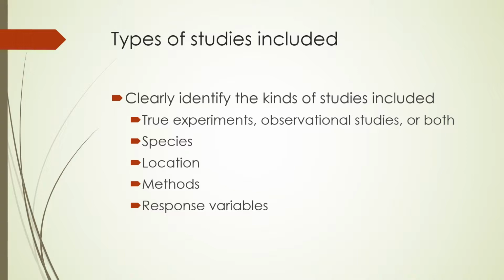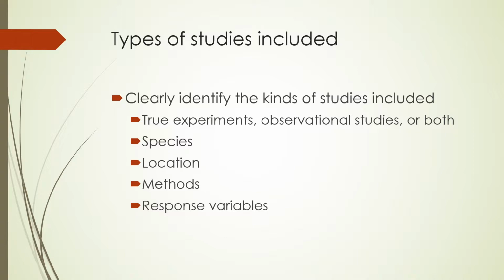Another question that we have to deal with is, is it just one species? Are you only looking at white-tailed deer? Are you looking at all deer, or all ungulates, or one species of cutthroat trout, or all trout?